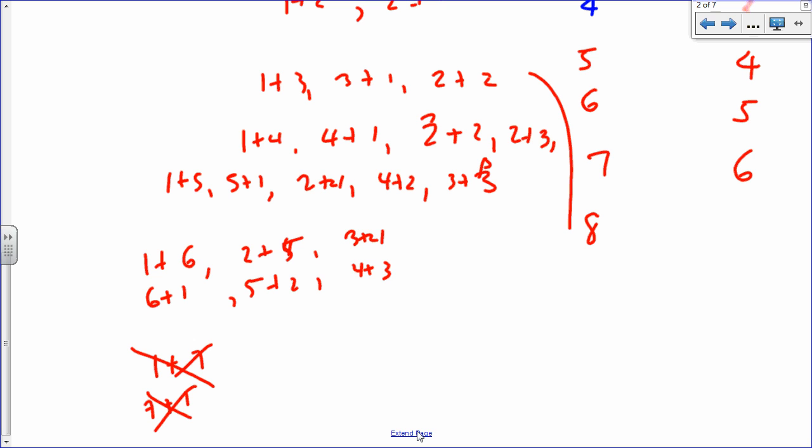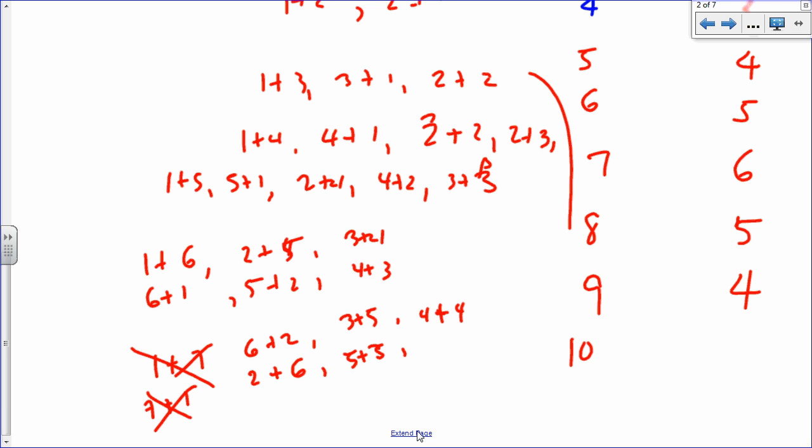So it would be 6 plus 2, or 2 plus 6. And then you can have 3 plus 5, and 5 plus 3, and 4 plus 4. You can only get 5 ways. How about a 9? There are only 4 ways.